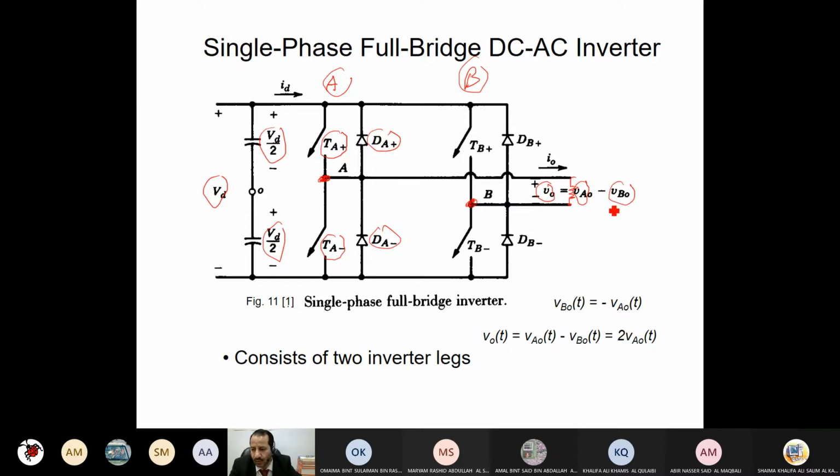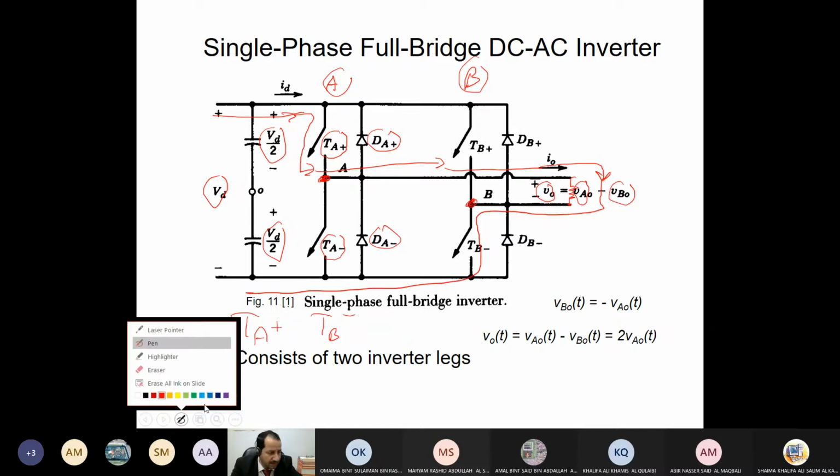Now, how will the current flow? Have a look. The current will come first if we switch on TA positive and TB negative to conduct the positive current and voltage, in this way, and back through this switch to the supply.